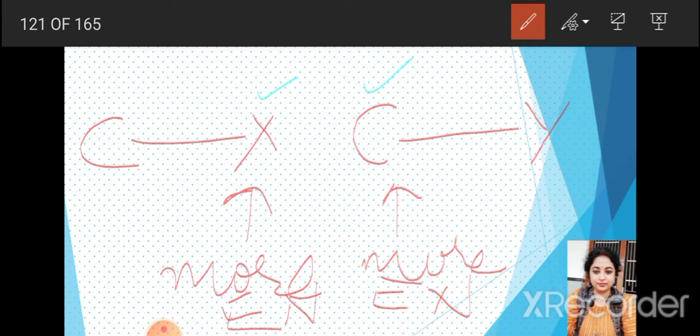When a covalent bond is formed between two atoms of different elements, the shared pair of electrons is no longer attracted equally by the two atoms. The shared pair of electrons is attracted towards the more electronegative element and the covalent bond will become polar. Here X is more electronegative, so electrons will be attracted towards X, and in the other, electrons will be attracted towards carbon.